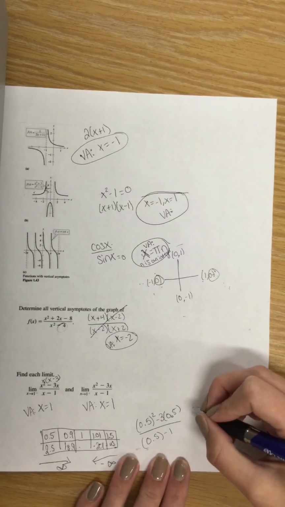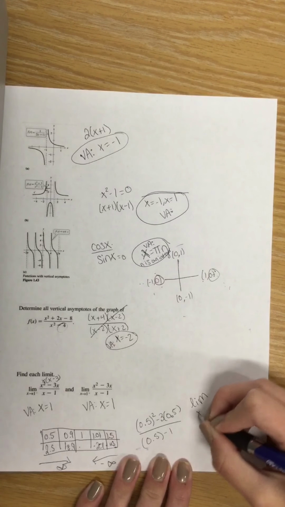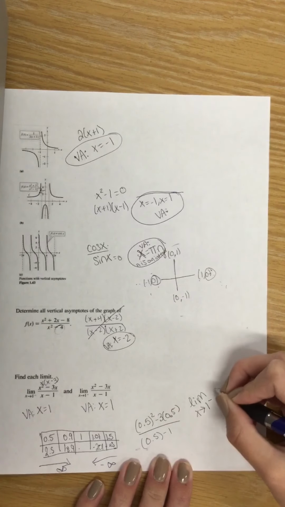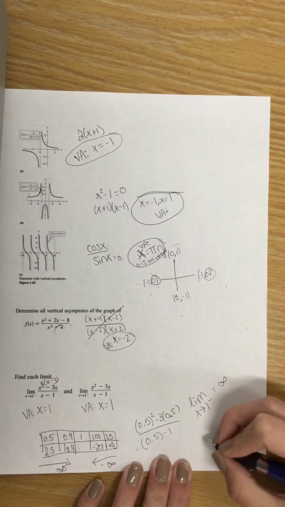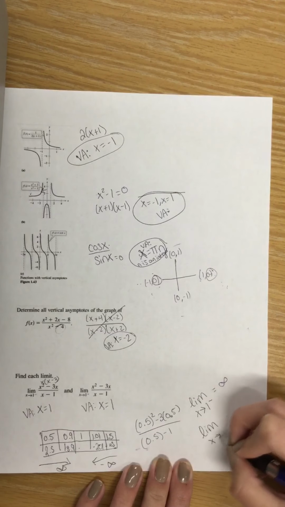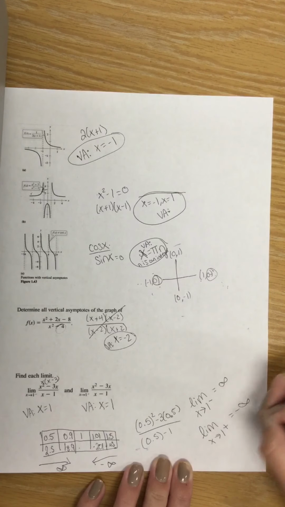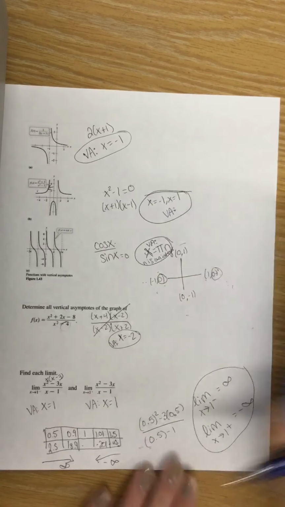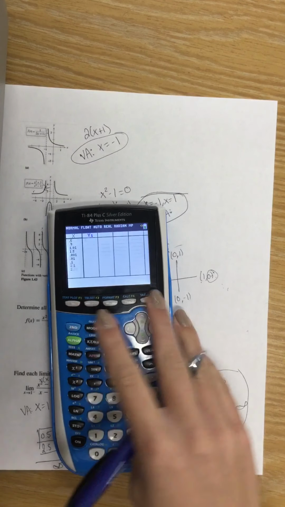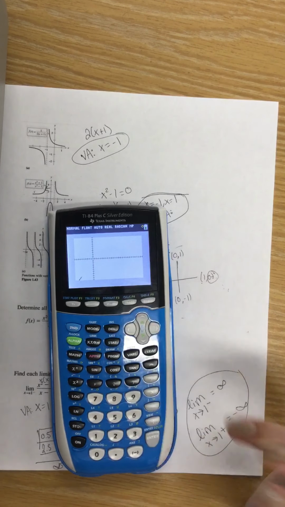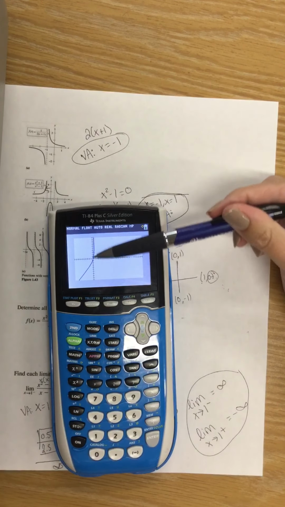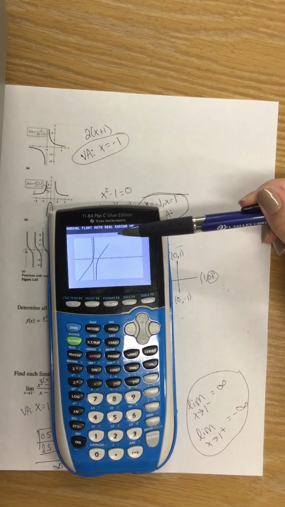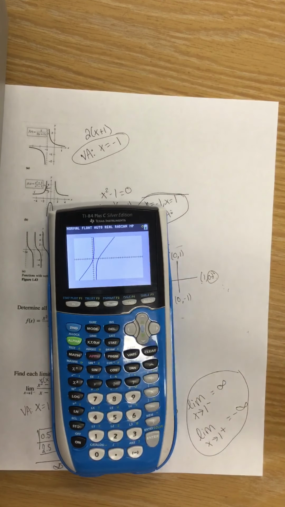So we would write this as the limit as x goes to 1 from the left is going to be infinity, and the limit as x goes to 1 from the right is going to be negative infinity. We could also double check by graphing it. Let's see what happens: at 1 from the left, positive infinity; from the right, negative infinity. Awesome work.